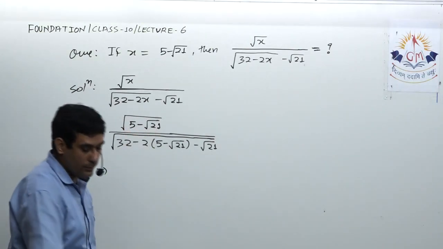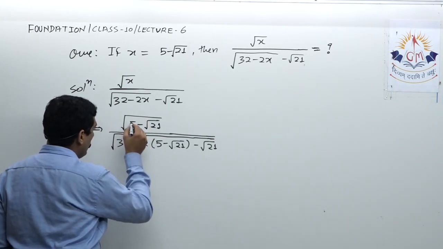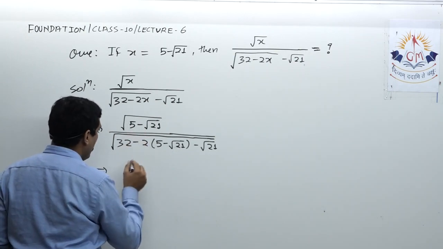It is only possible if we have 2 over here. So for that, I will multiply the numerator and denominator by 2.